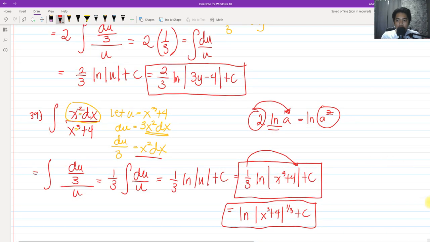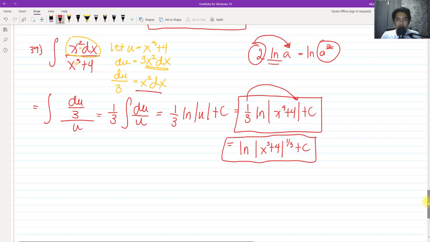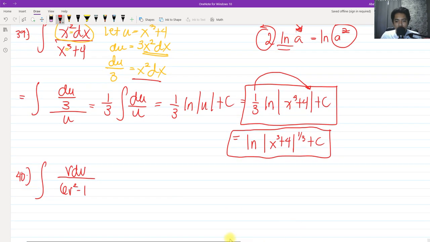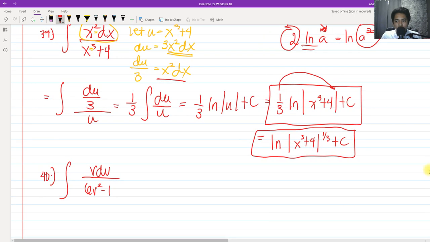So for our last problem here, on our part 4 of 1001 integrals, we have number 40: v dv all over 6v squared minus 1. If we look at it again, we might think that this is a partial fraction, but it's not.